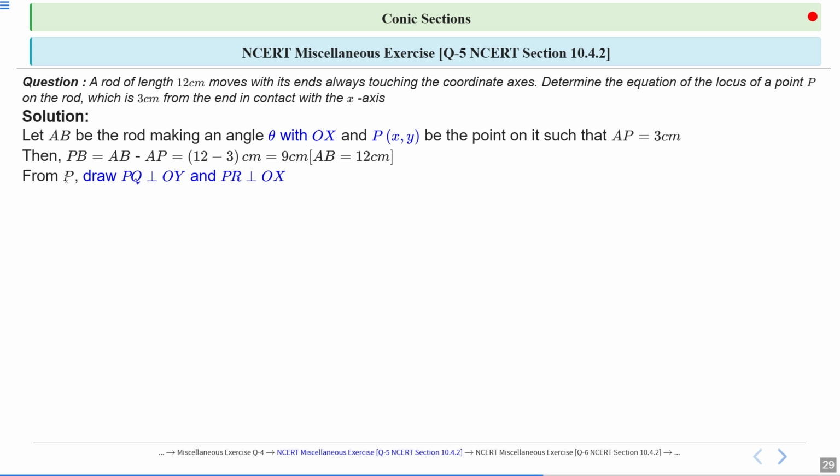And from point P, we draw PQ perpendicular to OY and PR perpendicular to OX. So you can visualize in this figure.